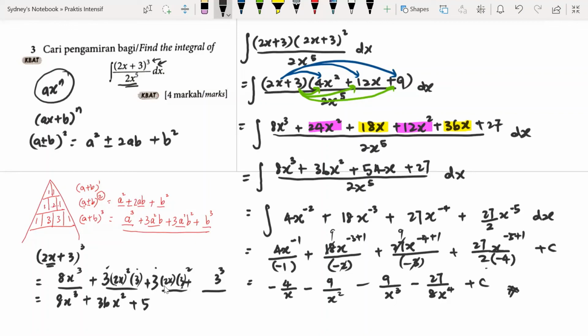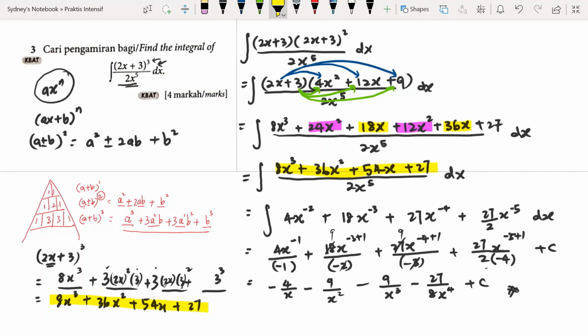So plus 54x. And finally, 3 cubed, that will be 27. So we got the expanded expression of (2x + 3) cubed is 8x cubed plus 36x squared plus 54x plus 27.